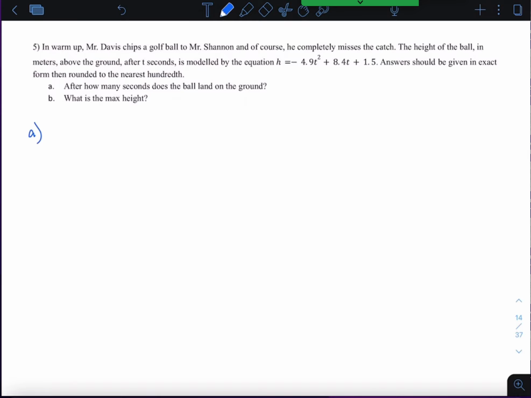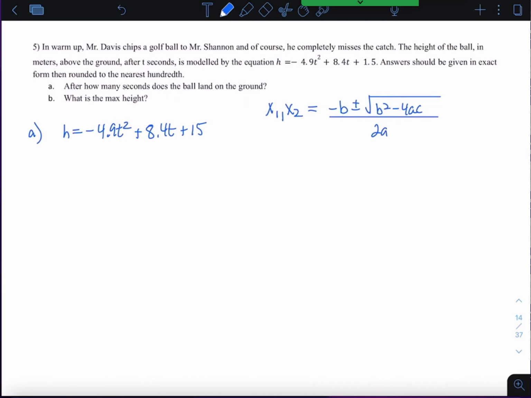So, if we start with h equals negative 4.9 t squared plus 8.4 t plus 1.5, we could theoretically complete the square, or we could remember the formula for completing the square, which is the quadratic formula, where it automatically gives us the x-intercepts.